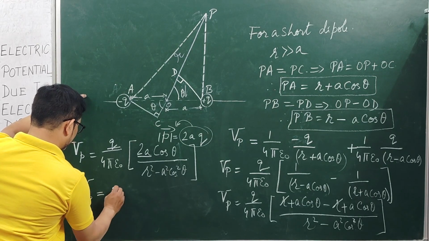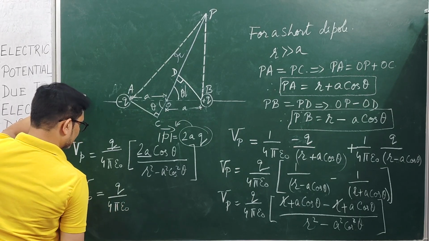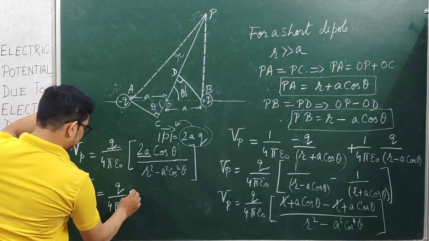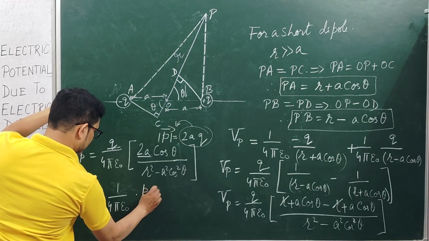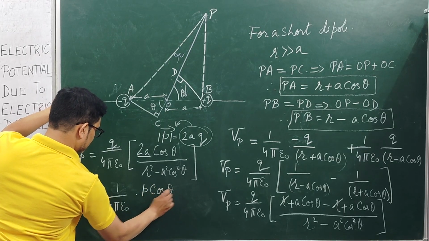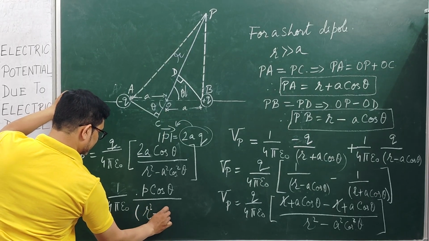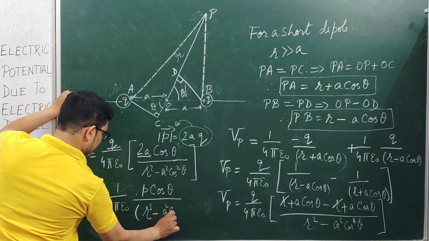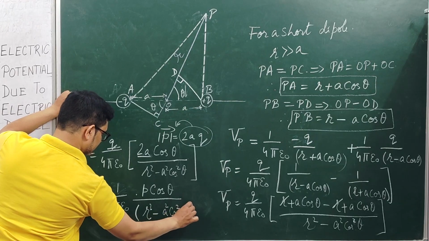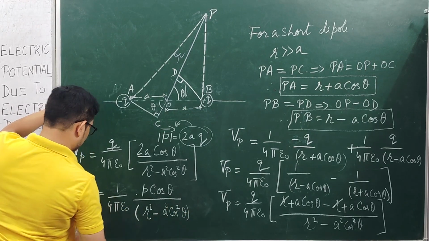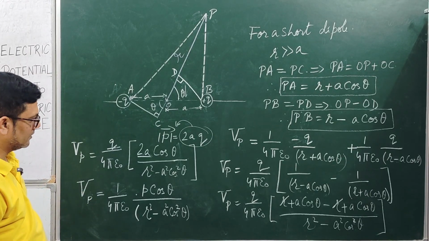So potential at P we are getting 1 over 4 pi epsilon naught, and 2Aq we can write as P, so it becomes P cos theta over R square minus A square cos square theta. This is what we get as the net potential because of the electric dipole.